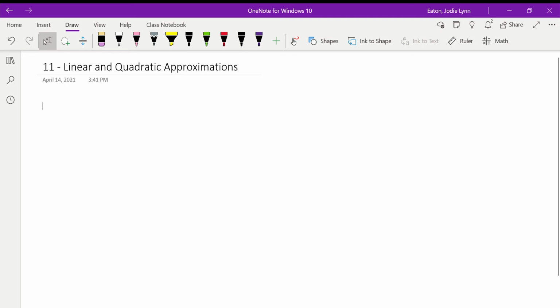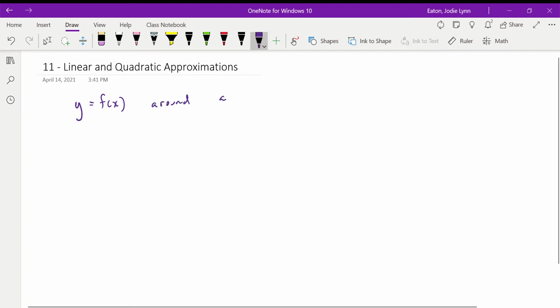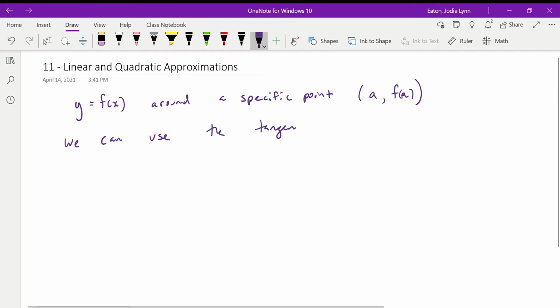Sometimes in order to approximate a curve, so let's say we have a curve y equals f of x, around a specific point, so for example, a comma f of a, we can use the tangent line to the curve.